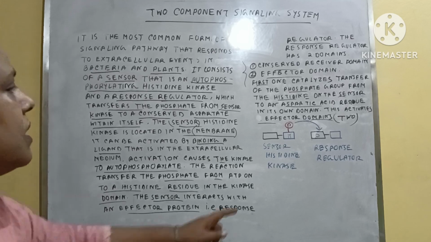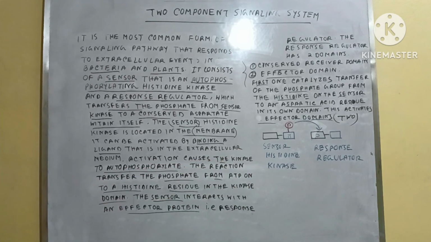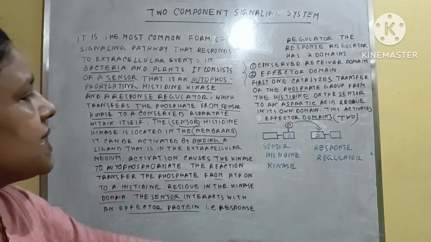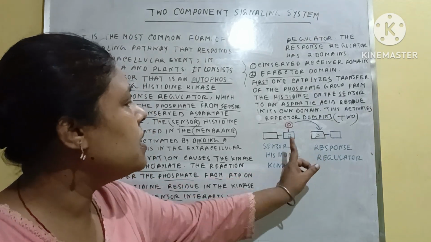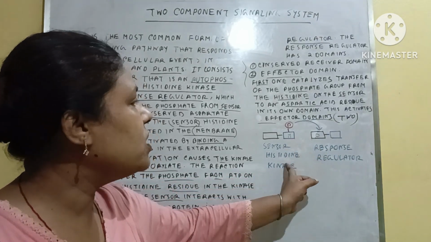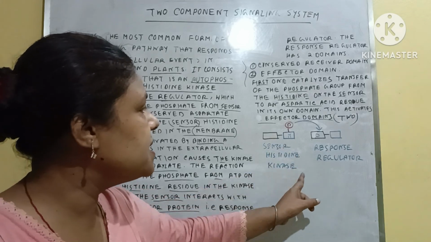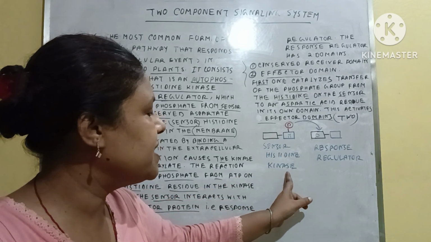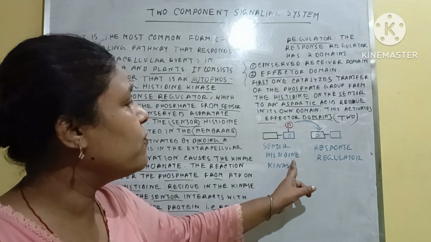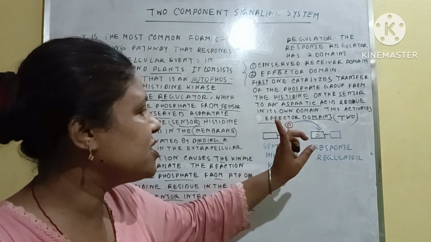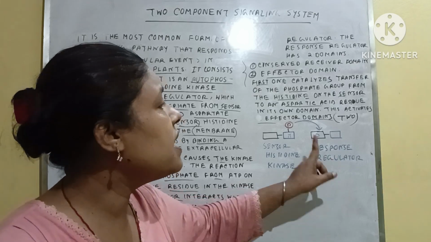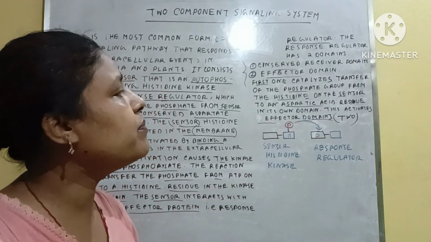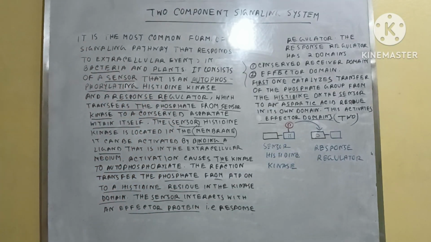And this is a very rough sketch: the sensor histidine kinase and the response regulator. Both are interdependent on each other. If the sensor histidine kinase becomes phosphorylated, then the transfer of the phosphate group occurs from the sensor histidine kinase to the response regulator, and after this the signaling process continues.